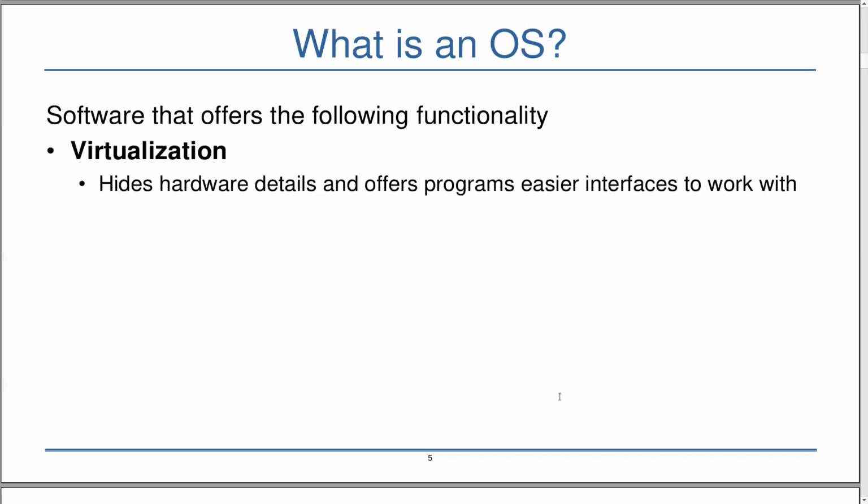For example, I don't want to use some IO registers when I want to print something on the screen, or when I want to talk to the hard disk, right? So I want to use some simple interface. I want to call some function in a library, like when I do printf or I read from some file and so on. So that's what it is.